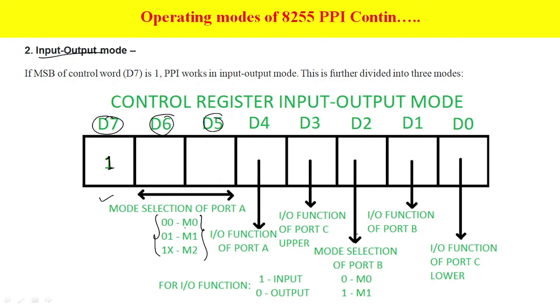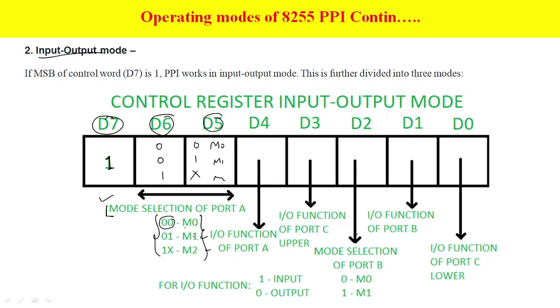As I told you earlier, it works in mode 0, mode 1, mode 2. For mode 0 selection, D5 and D6 should be 0, 0. For mode 1, it should be 0, 1, and for mode 2, 1, don't care. So this is for M0, M1, M2.